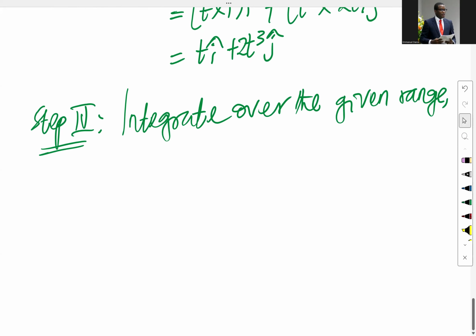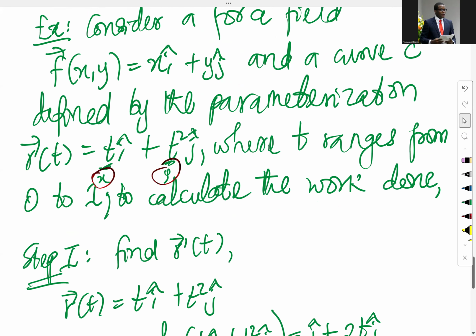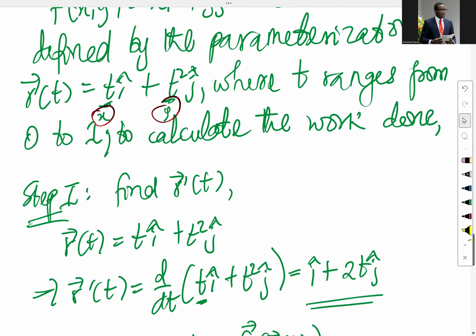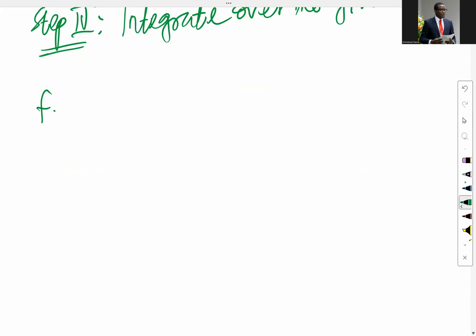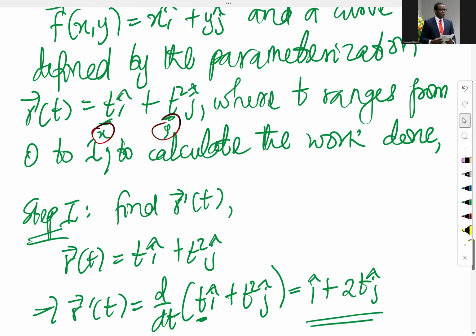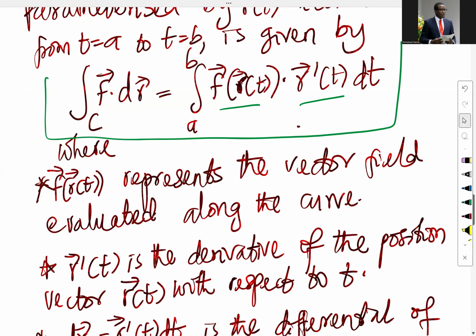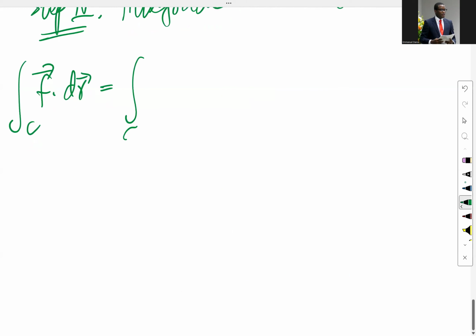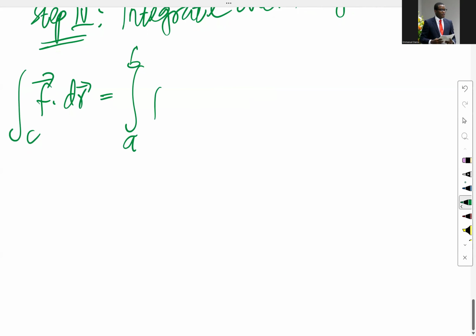So now we have, what's that thing again? That's f dot dr along the path C. So that is the integral of f dot dr along the path C. That's simply equal to the integral from a to b of f of r of t dot r prime of t dt.